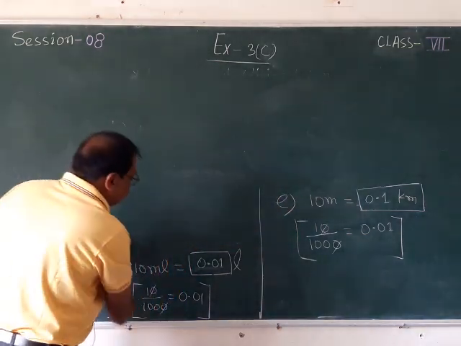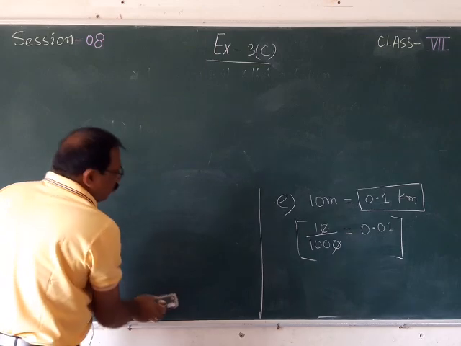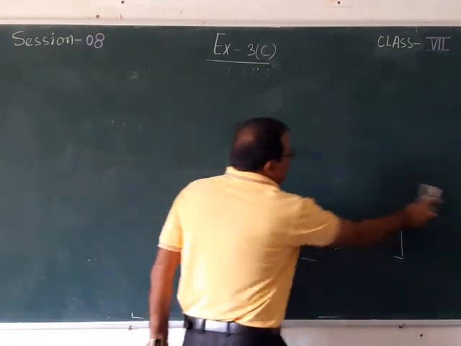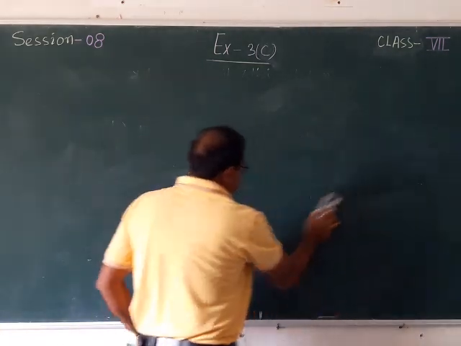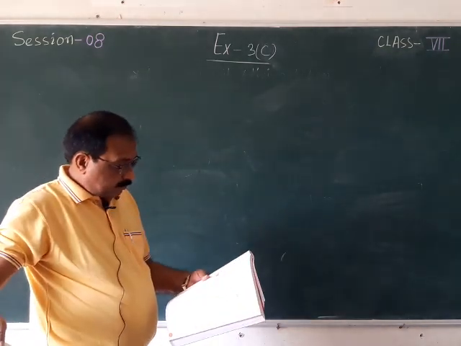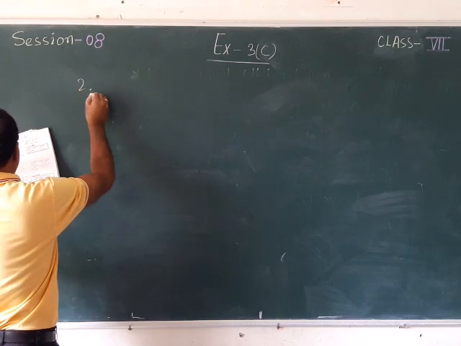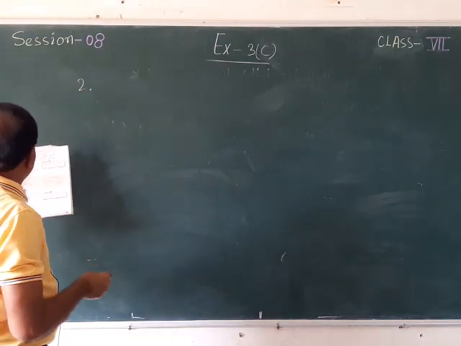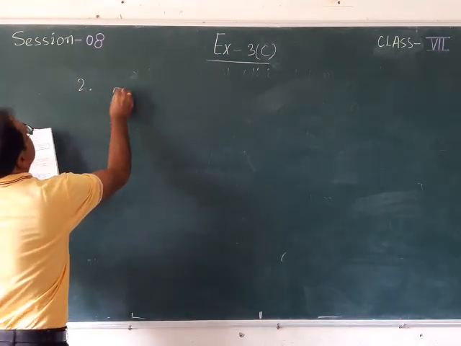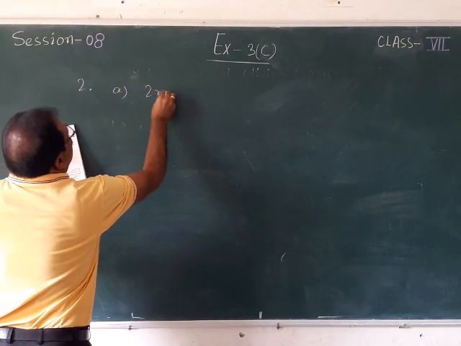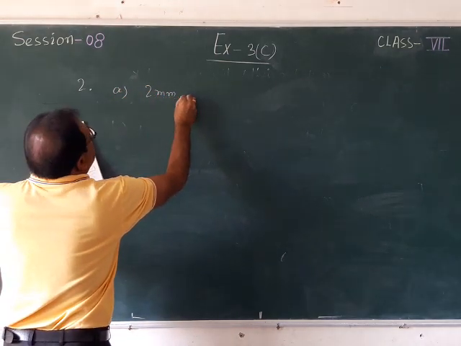Now, a few more questions, let us discuss today. This is question number 2. In question 2, convert the following units of length as directed. Here in A, it is 2 millimeter into centimeter.